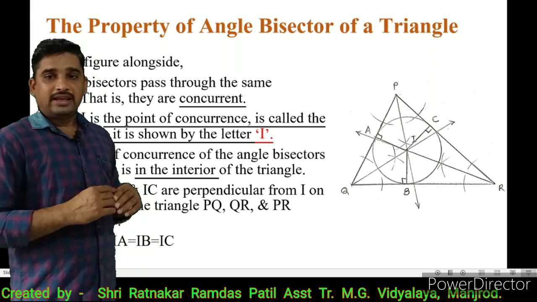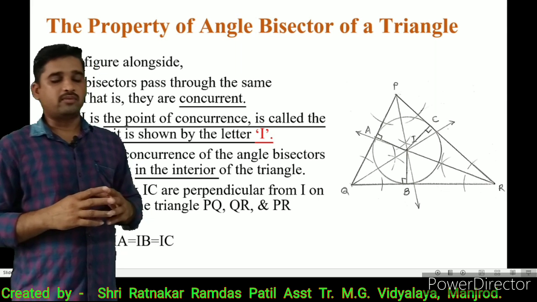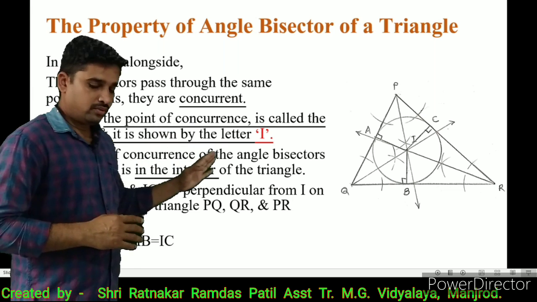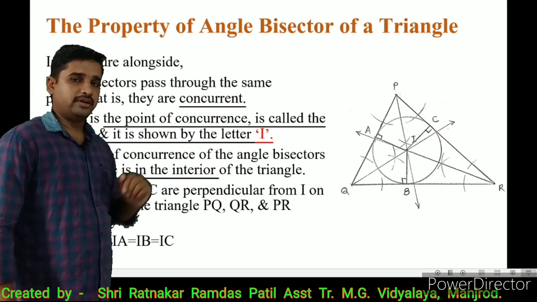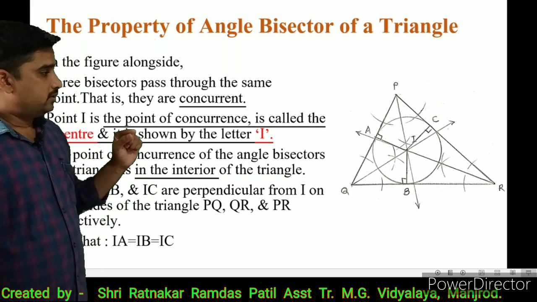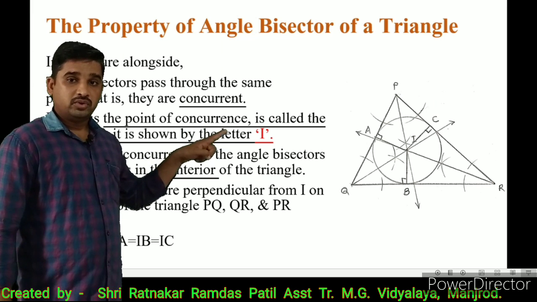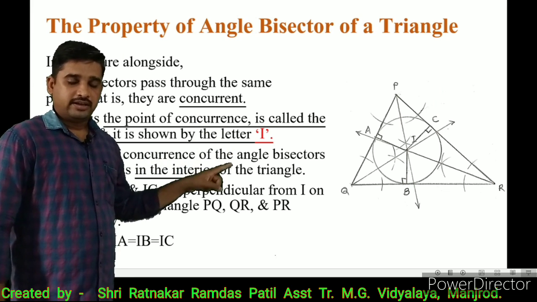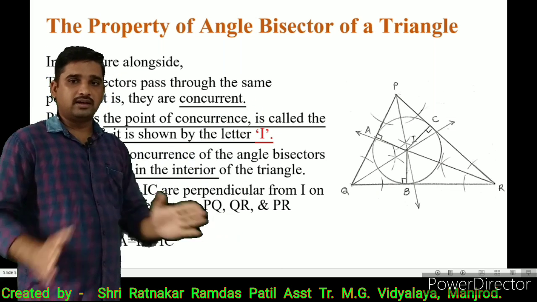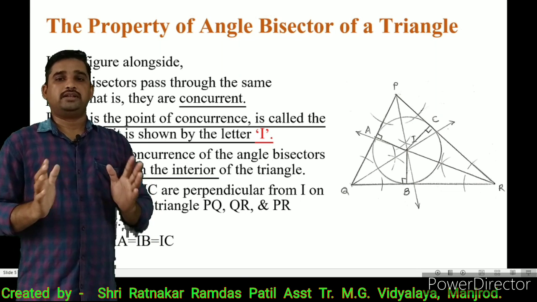Here IA, IB and IC are perpendiculars from I to the sides PQ, QR and PR of the triangle respectively, and we can note that IA, IB and IC are of equal length.